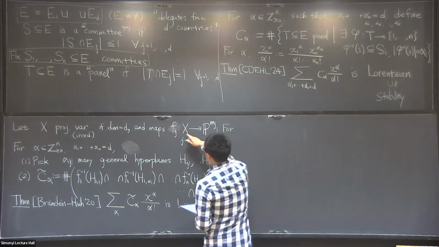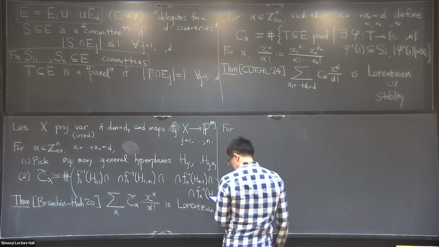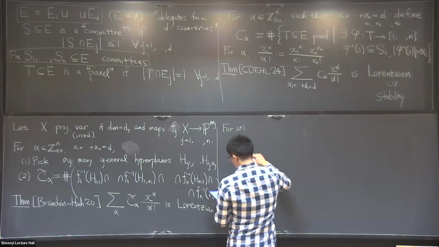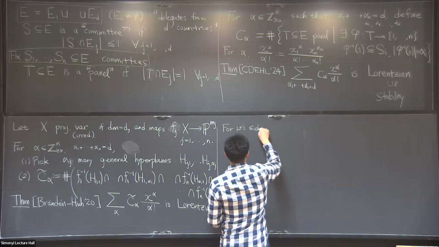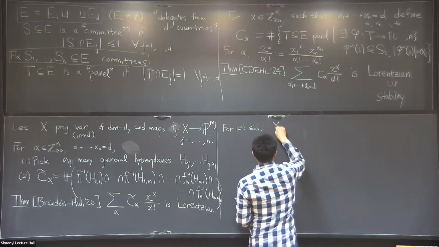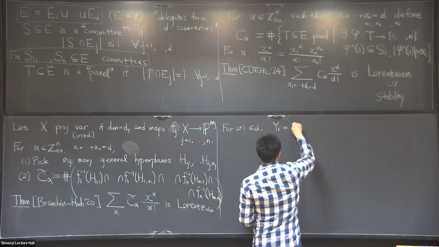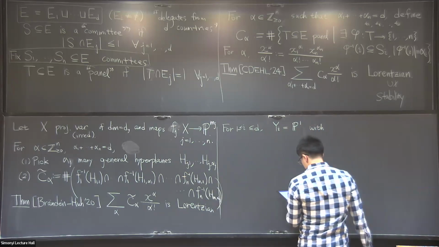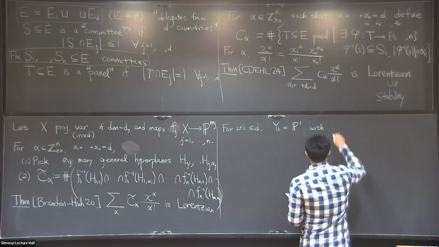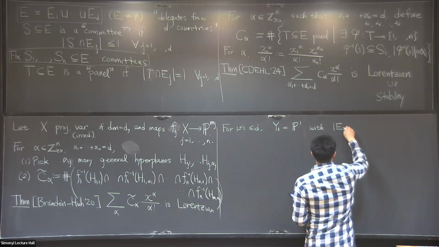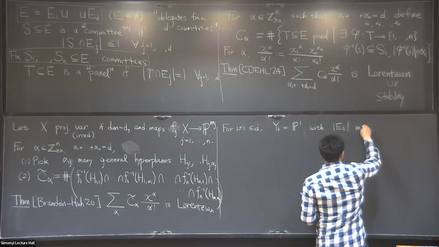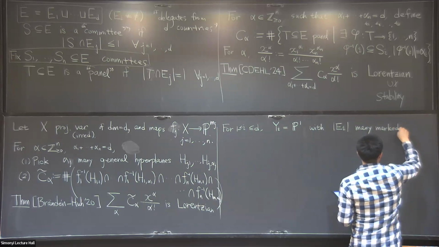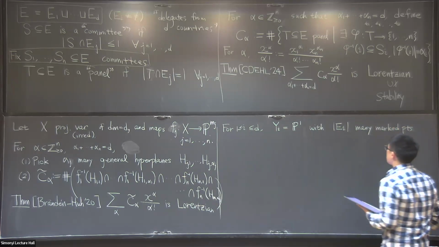So let me tell you what this X is that's suitable for this theorem. For i ranging from 1 through d, let me write Y sub i for a copy of P1 with E sub i many marked points, distinct marked points, no collision between them.